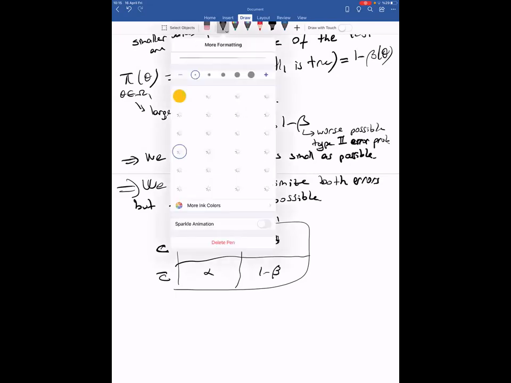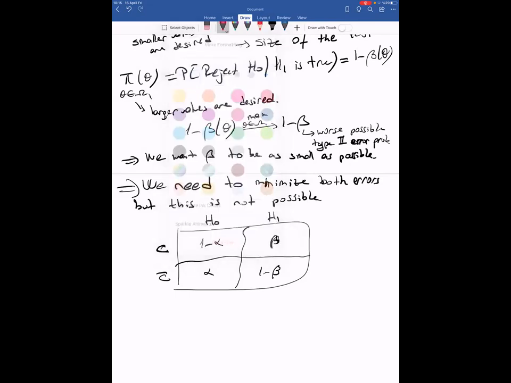If we want to minimize alpha, then we need to get a smaller region in this case. So this means that the area for beta gets maximized. When we minimize this, this will be maximized. So we will never minimize both errors. It is impossible.